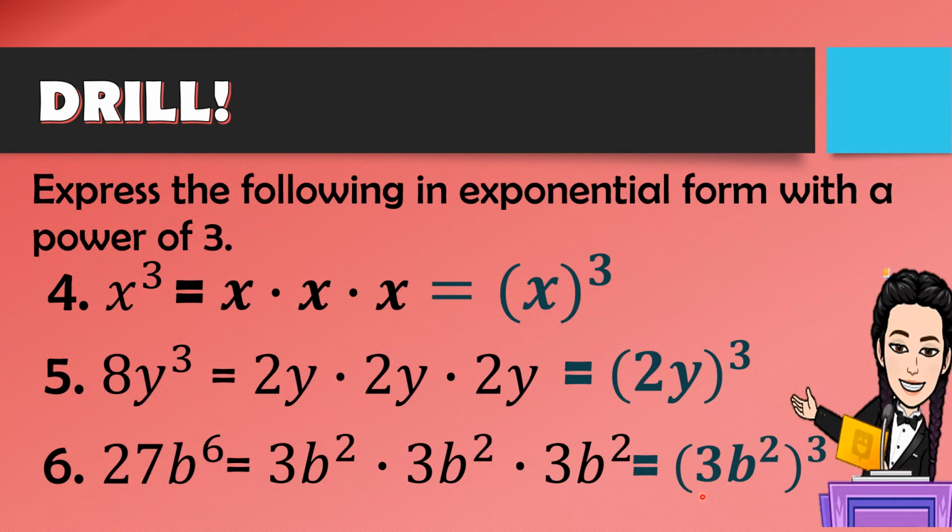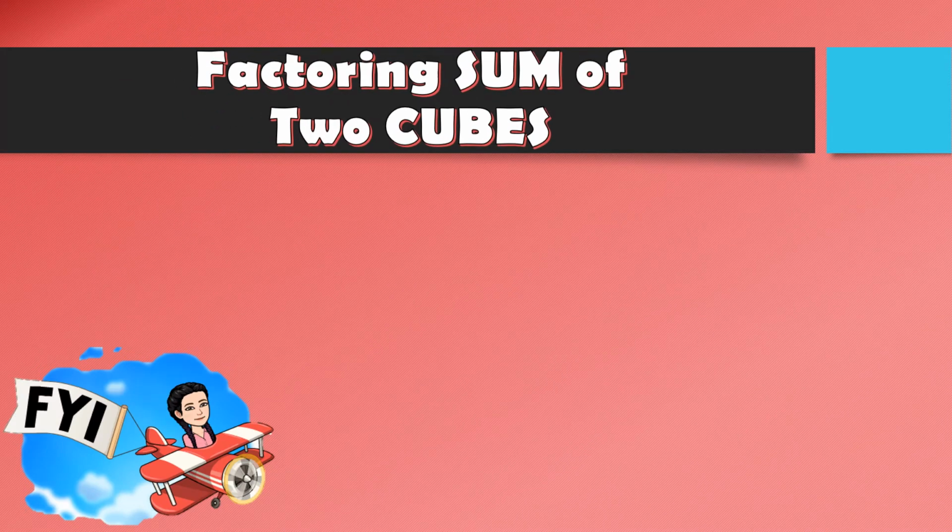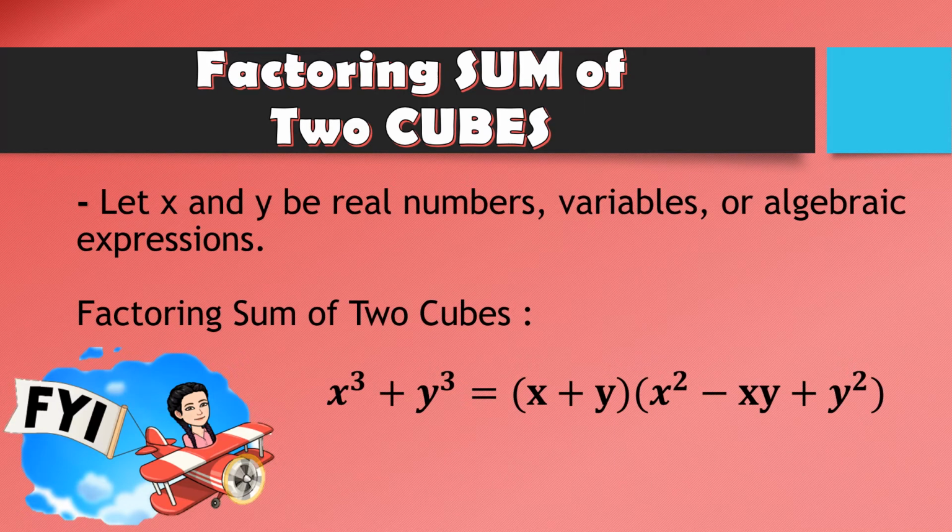Since alam na natin kung paano i-express ang isang number or monomial as power of 3, dumako naman tayo sa factoring sum of two cubes. So, paano kaya natin makukuha ang factored form ng sum of two cubes? Para makuha iyon, let x and y be real numbers, variables, or algebraic expressions.